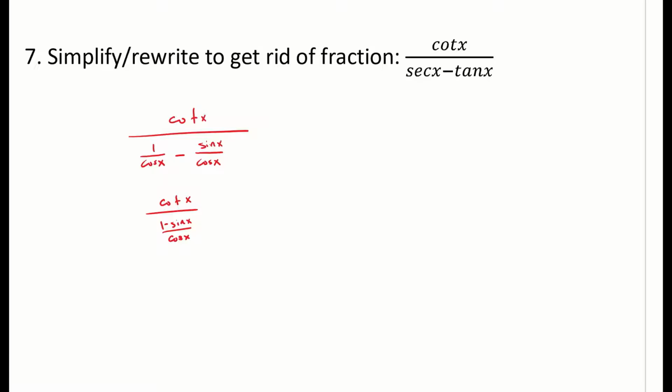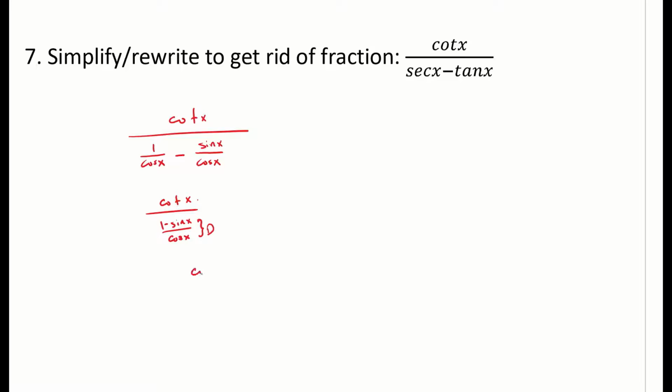However, we have a fraction divided by a fraction, right? To get rid of the fraction, I'm going to multiply by the reciprocal of the denominator. So here's my denominator, I'll call it D for denominator, and I have my numerator, which is cotangent. I'm going to rewrite my numerator, cotangent, in terms of sine and cosine.